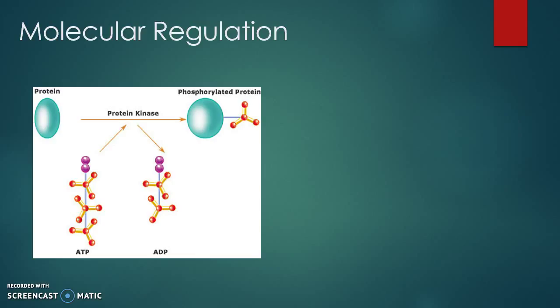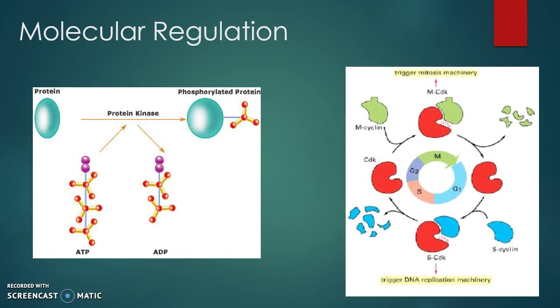Many of the kinases involved in the cell cycle must be activated by cyclins. These are called cyclin-dependent kinases, or CDKs. As shown in the diagram to the right, the red bean-shaped pictures are the CDKs.